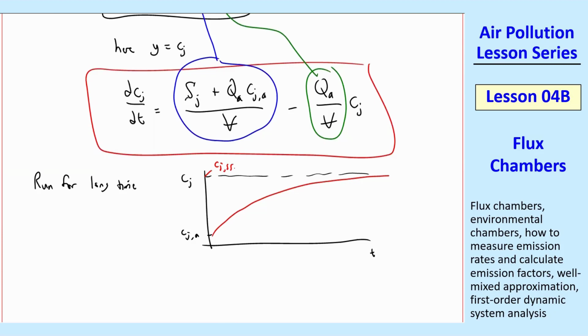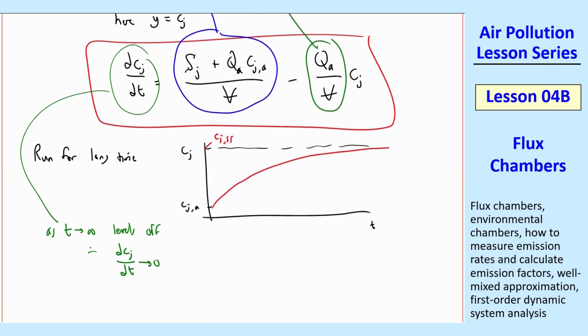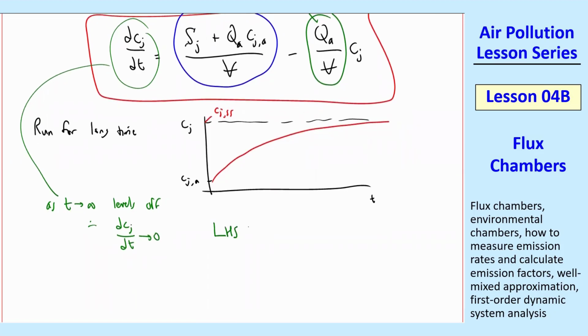If you run this for a long enough time, you'll find that it flattens out. Mathematically, as t goes to infinity, CJ levels off. Therefore, the derivative dCJ/dt goes to 0. So the whole left-hand side of the above equation is 0.